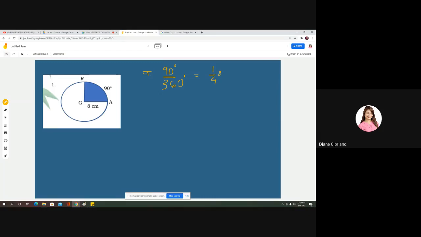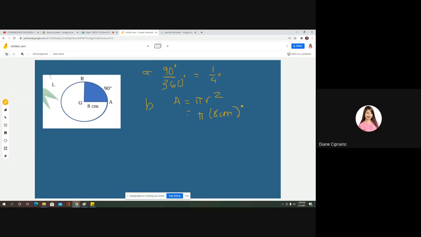Therefore, it is 1/4. And then finding its area, we have here pi r squared. And our r squared is 8 cm squared. And then, we have here 8 pi cm squared.